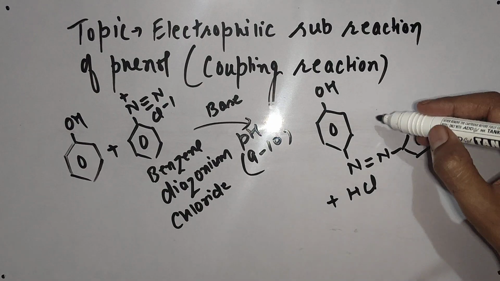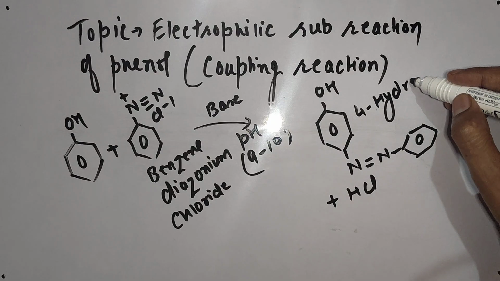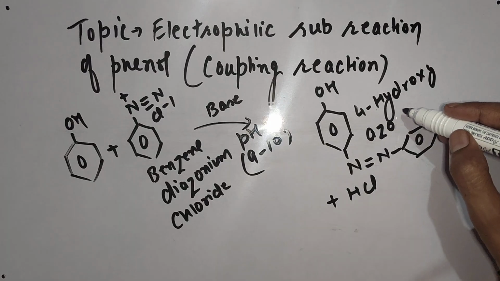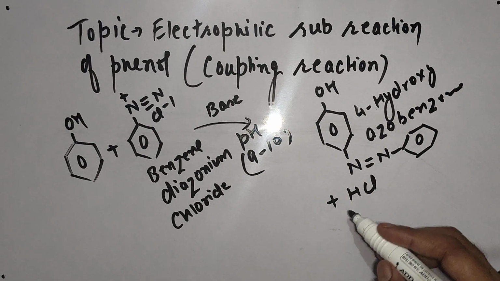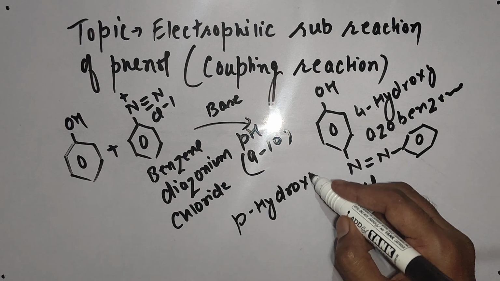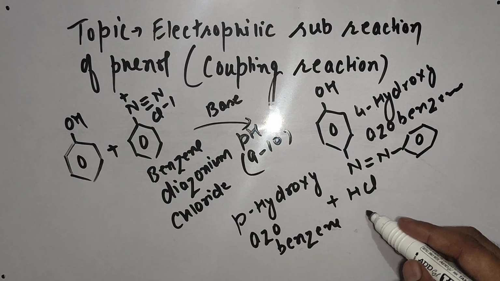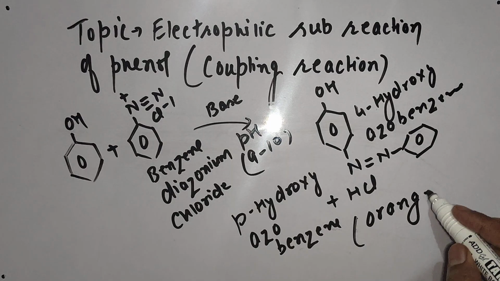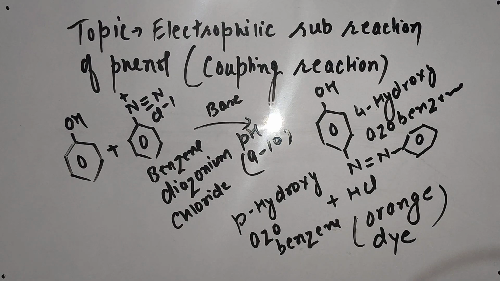The product generated here is known as 4-hydroxy azobenzene, or you can call it para-hydroxy azobenzene. The color of the compound is orange and it will be a dye. An orange dye will be generated in this reaction.